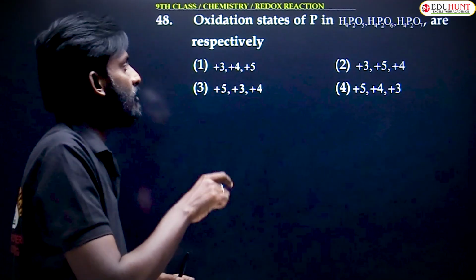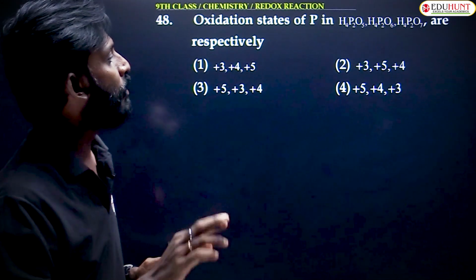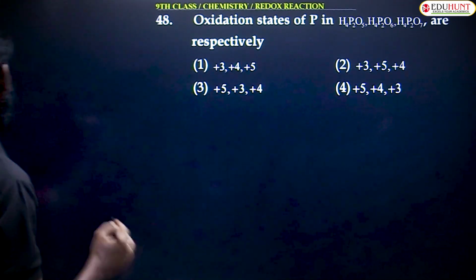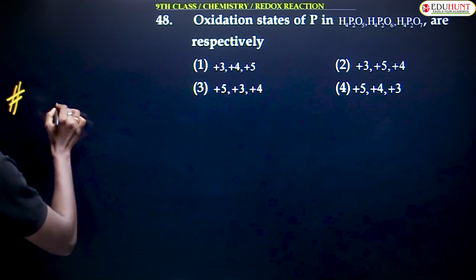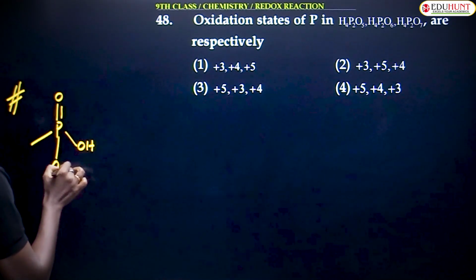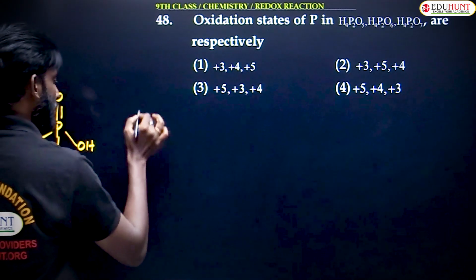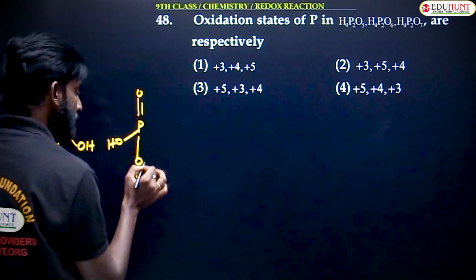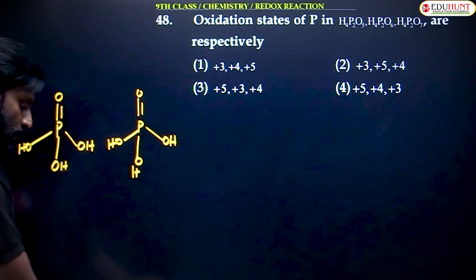The oxidation state of phosphorus in H4P2O5, H4P2O6 and H4P2O7. See, I will explain clearly. This is phosphoric acid. Imagine, for explanatory purposes, I am taking two phosphoric acids side by side.